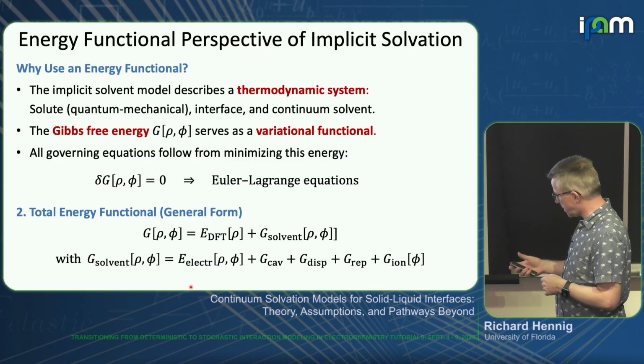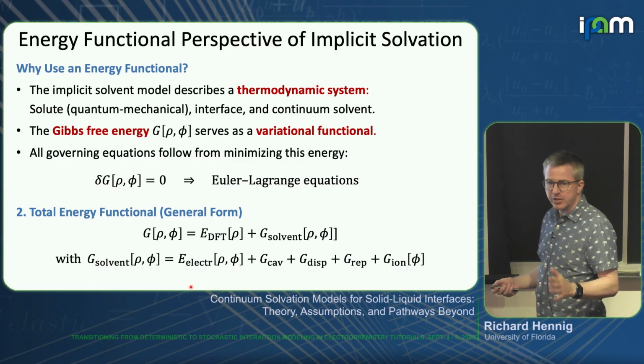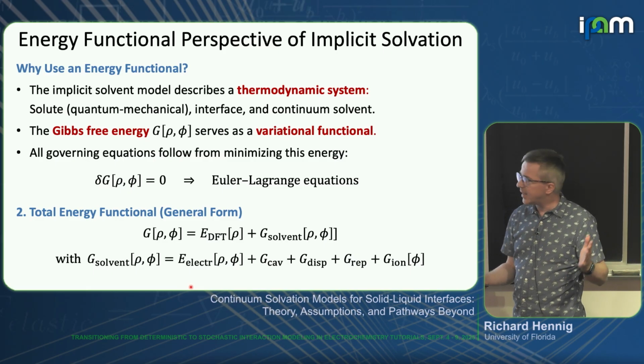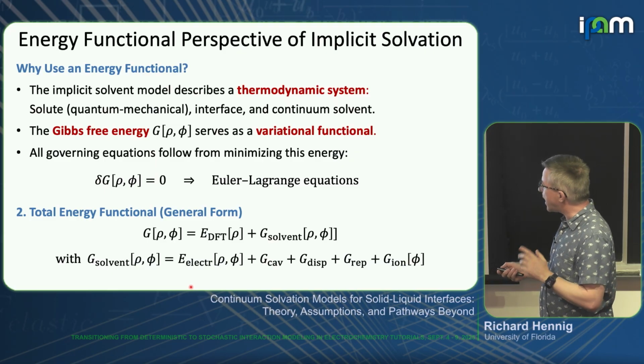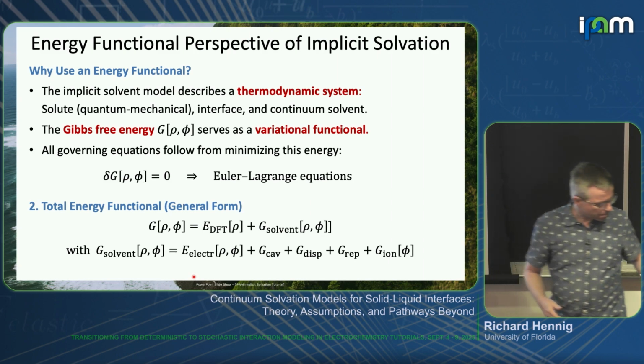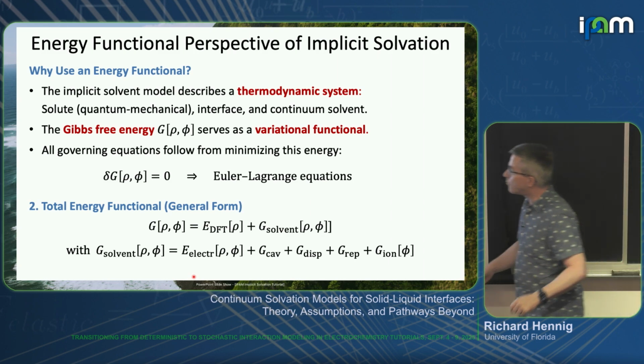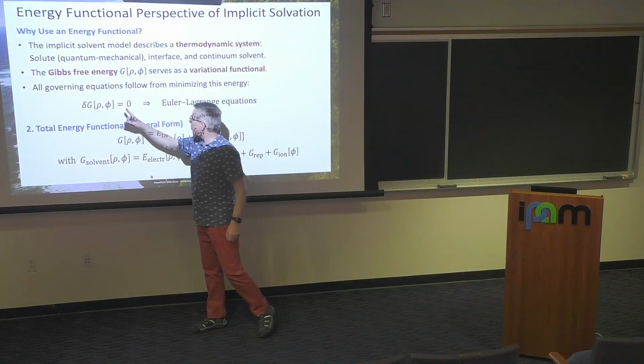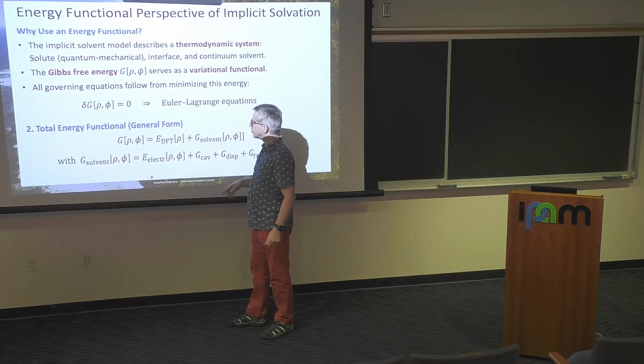And so when you do that, that's how you're going to actually obtain the kind of equations you have to implement in your DFT calculation. You end up by setting the variation of G with respect to both variables to 0, get your Euler-Lagrange equation.